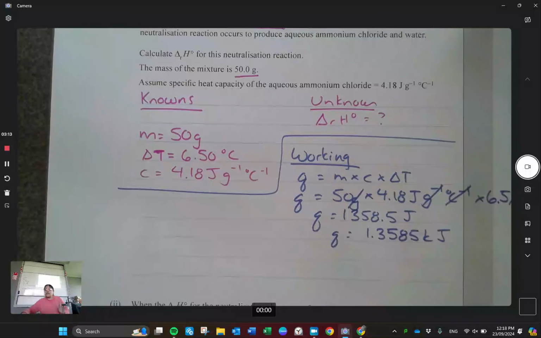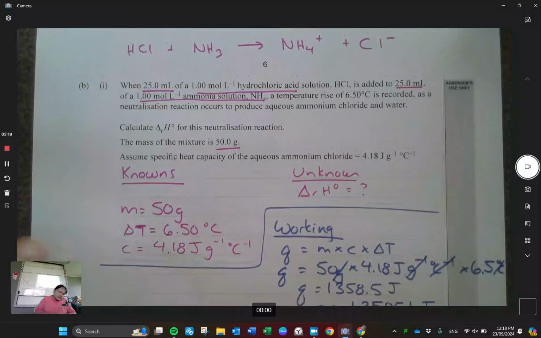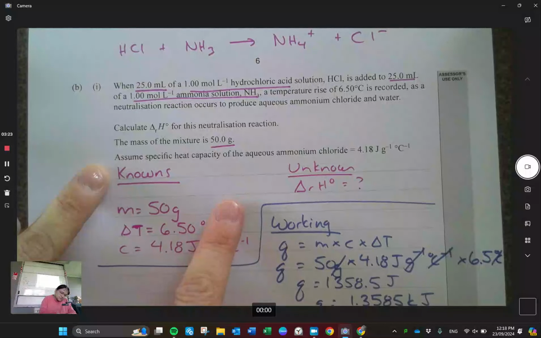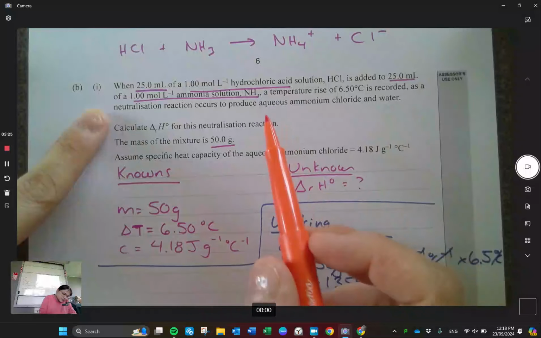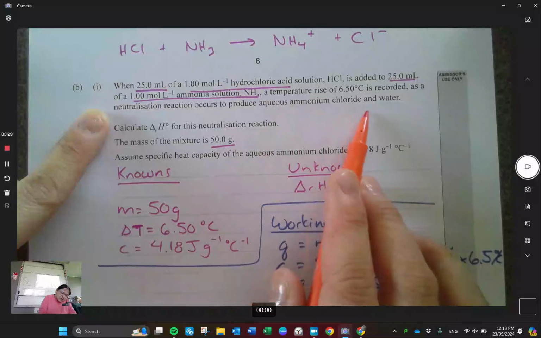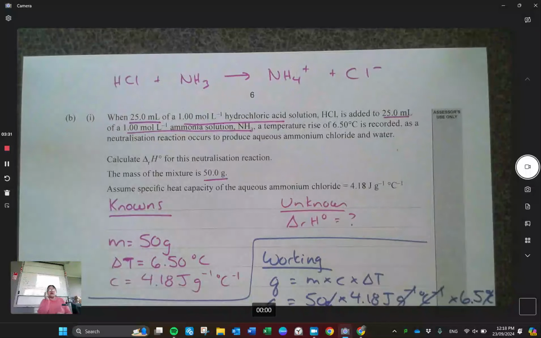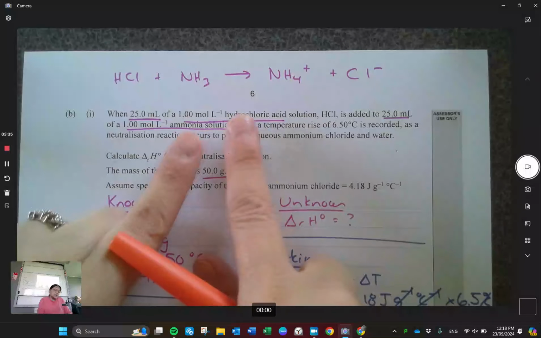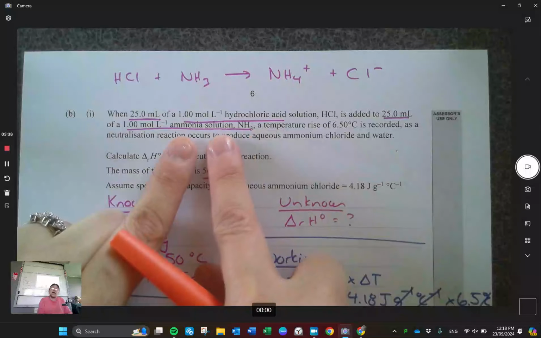All right, the next one's a bit tricky, so we need to unpack it a little bit because I need to figure out my N value. So this neutralization occurs, produces aqueous ammonium chloride and water. Something I have to keep in mind is that they have given me equal amounts of hydrochloric acid and ammonia.